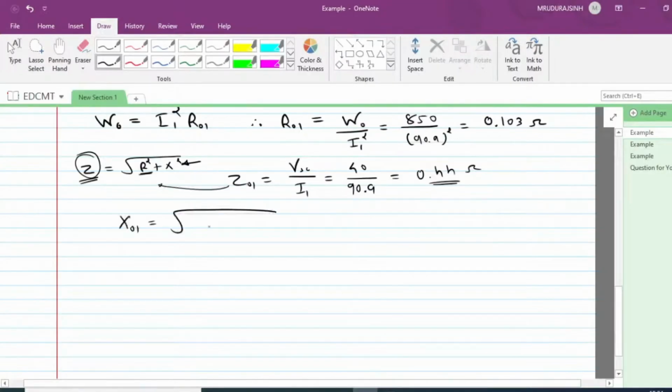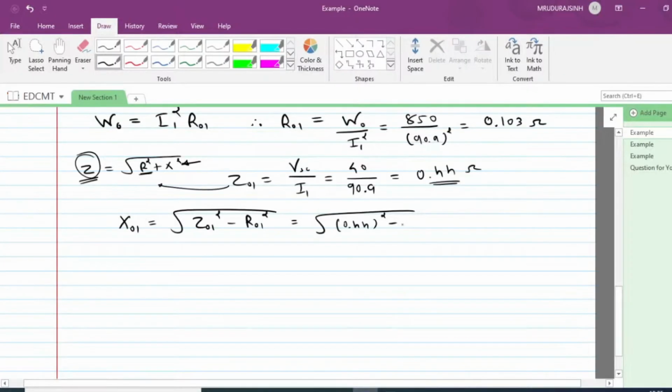If we place the value of Z over here, X01 is equal to under root Z01 square minus R01 square. So Z01 is 0.44 square minus R01 is 0.103 square.